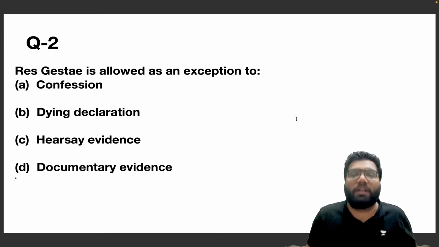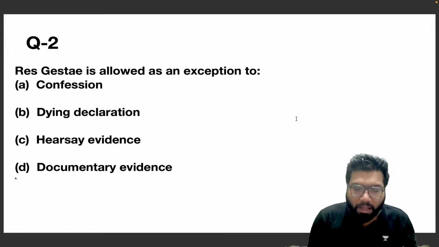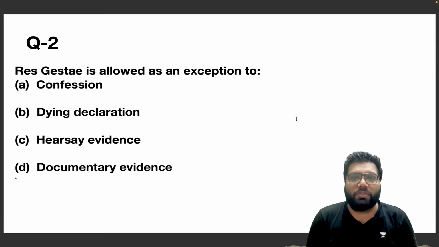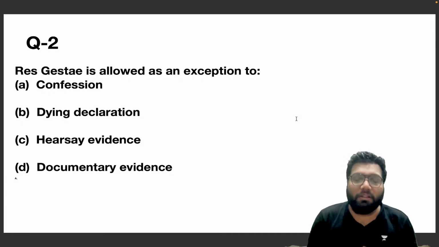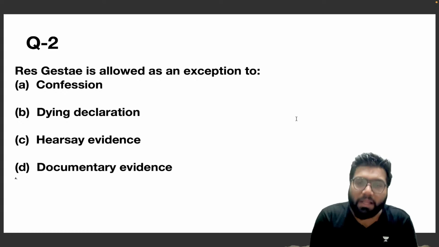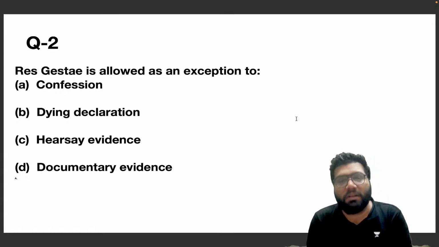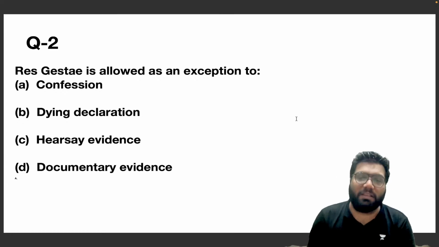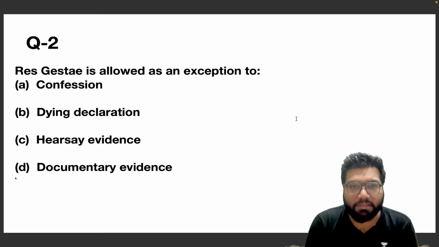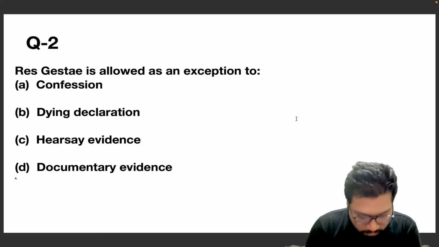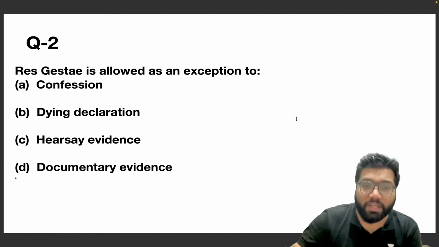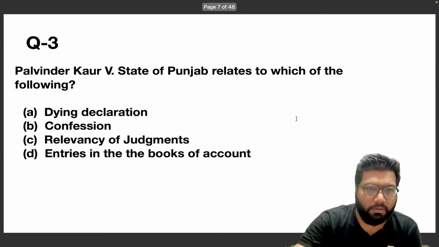You don't have the time to think about the things. So if there are reactions that are quick, that fall under the same transaction, even if that is hearsay evidence, it will be considered as an evidence.